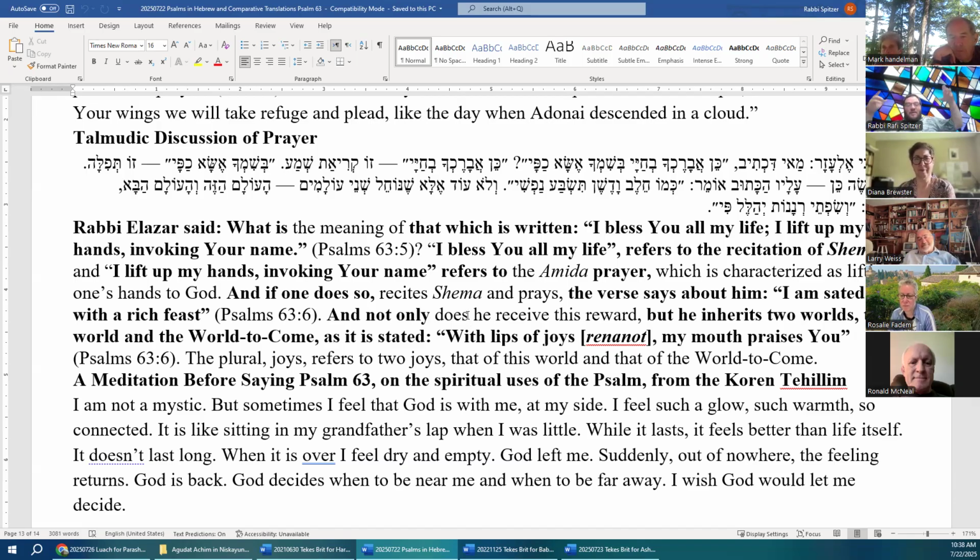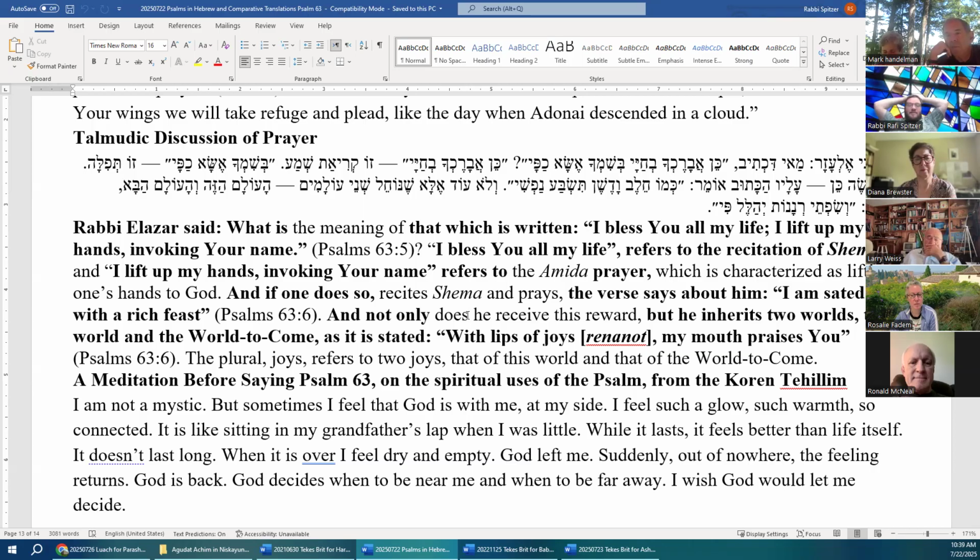Anyway, the rabbis always have a close reading of the text. If the text has a plural when the plural wasn't necessary, they're going to try to understand what that means. Anyway, how I feel about this is, in the middle of this beautiful poem about loving God and experiencing God in the desert and thirsting for God the way that the land thirsts for rain, are these two verses about blessing God, praising God, and raising up your hands in prayer.